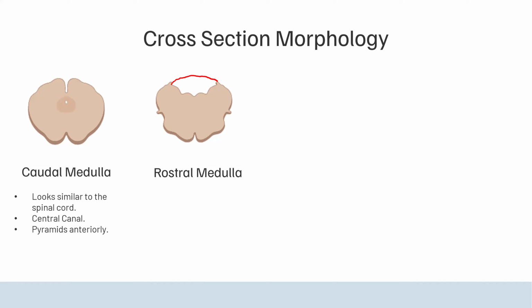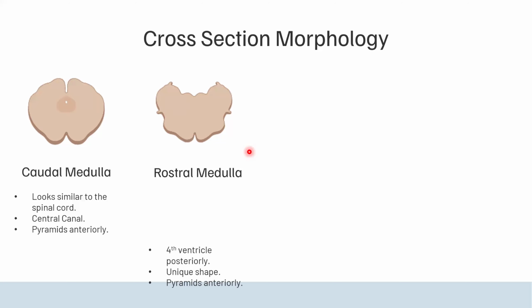So the reason why there's actually nothing here for me to see is because the medulla just ends, pretty much. It just ends, and then the pons provides this backing for our ventricle. Does that make sense? Yes. Okay.